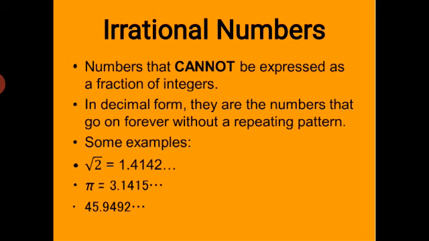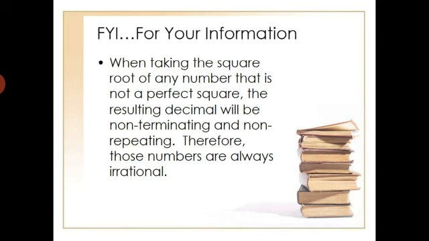So, for example, root 2, which is equal to 1.4142. Pi is an irrational number. 45.9492 is also an irrational number. The easiest way of obtaining irrational numbers, for your information, is that when you take the square root of any number that is not a perfect square, the resulting decimal will be non-terminating and non-repeating.